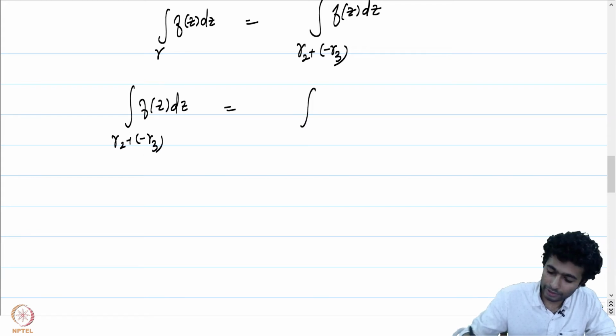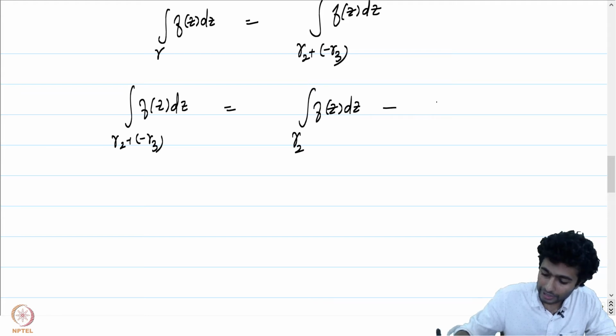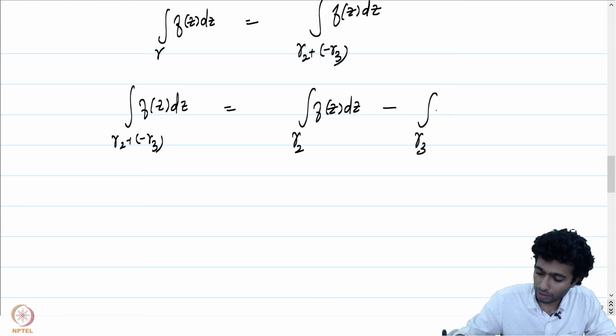Let's focus on this: it is equal to the integral over gamma 2 of f of z dz minus the integral over gamma 3 of f of z dz.